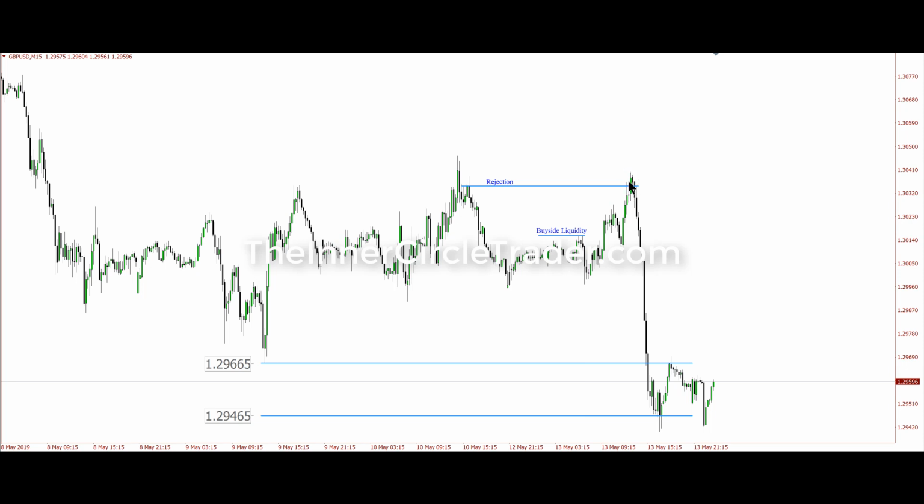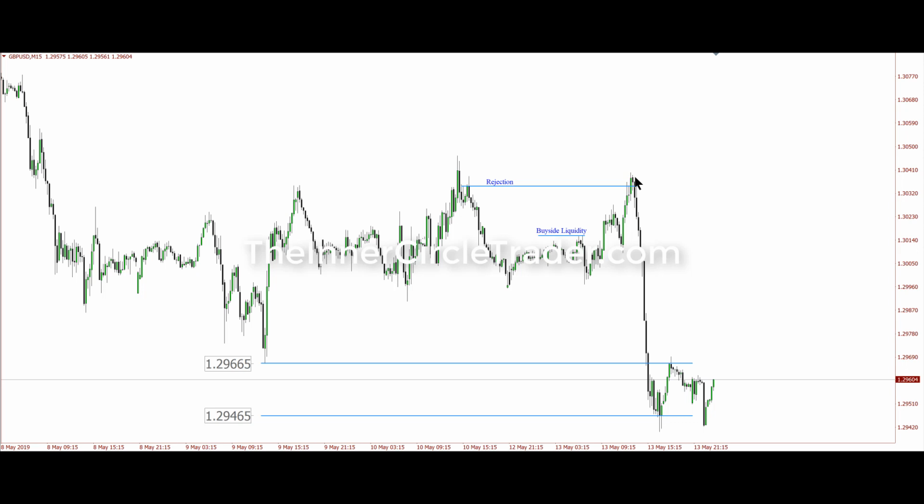Before I drop into this area, if we're looking for a short, what we're looking for, for this model, is the SMT divergence to form to find the weaker of the two currencies for correlated pair SMT divergence. In this case, like we talk about all the time, euro and cable, in contrast to the dollar index. Dollar index is making a lower low here.